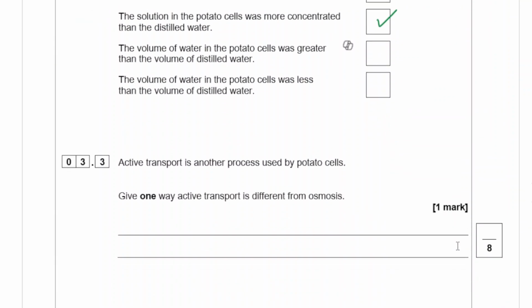Active transport is another process used by potato cells. Give one way active transport is different from osmosis. Active transport requires energy.